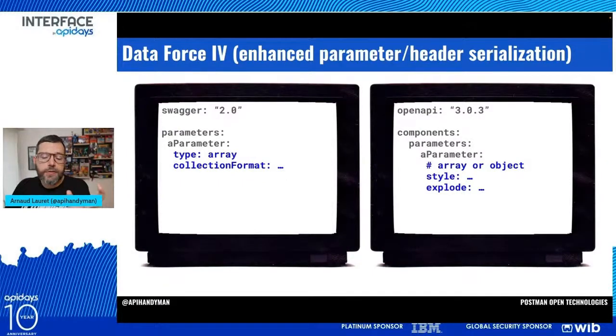And you could say, okay, this property will be represented as a CSV string, so values separated by commas, or by multiple values, for instance, name=value1, name=value2, and so on. But nothing regarding objects. In OpenAPI 3, you can serialize objects and arrays in headers or query parameters using a combination of style and explode. And so you can virtually do whatever you want.